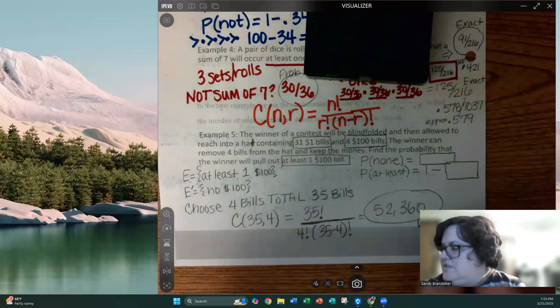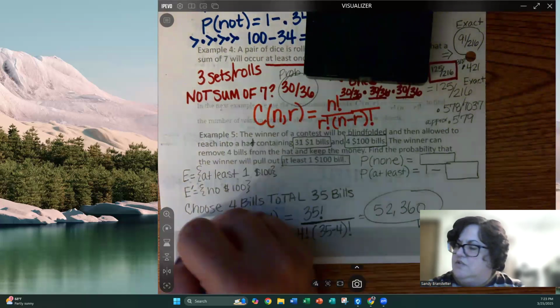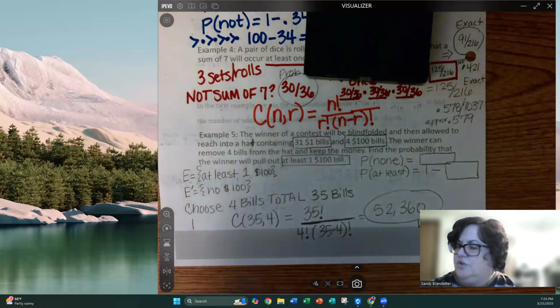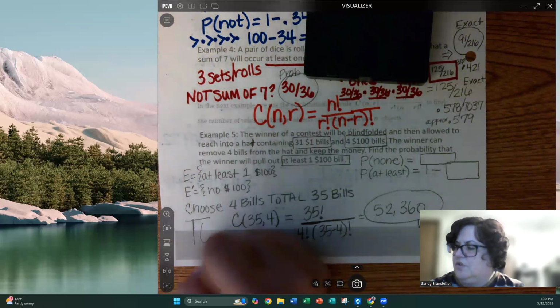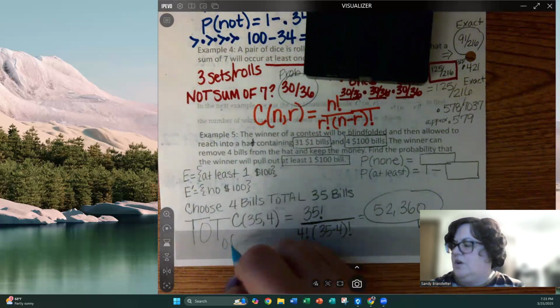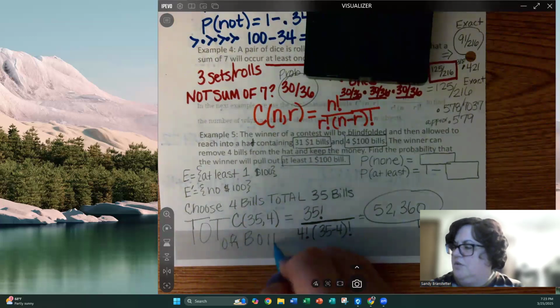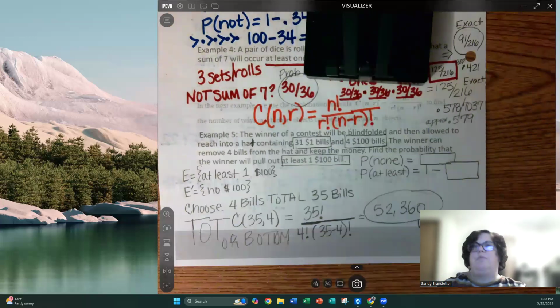So this number is going to be my total, my bottom number when I do my probability fraction.